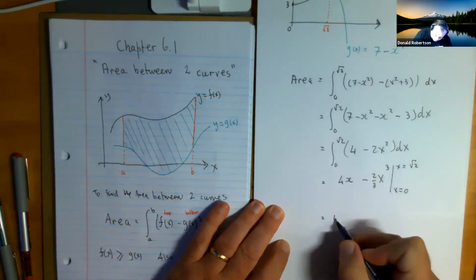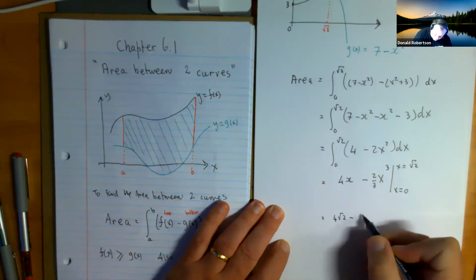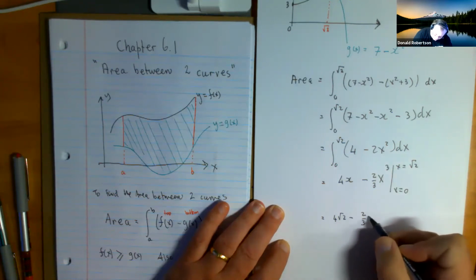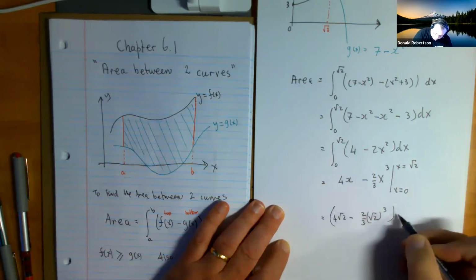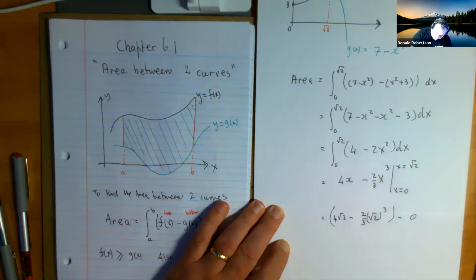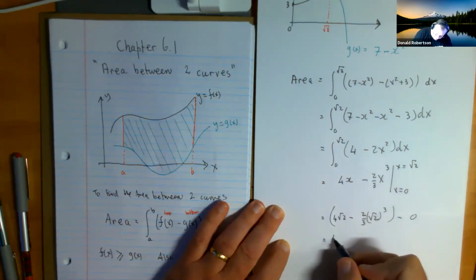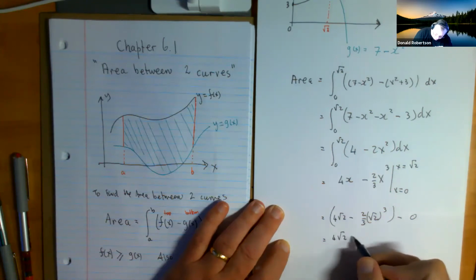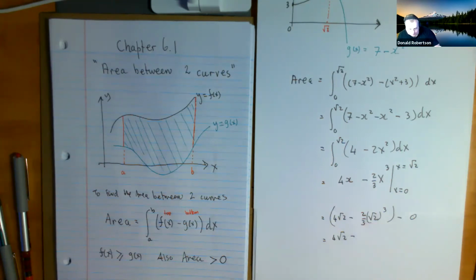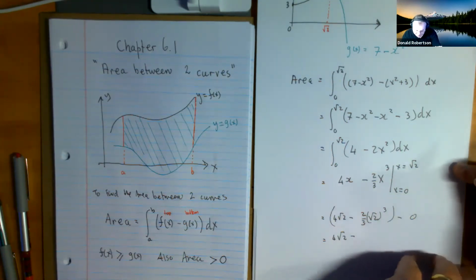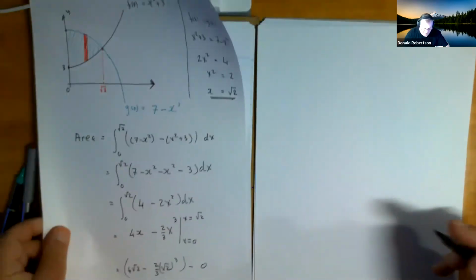And what does that give me? Well, it gives me 4 square root of 2's, take away 2/3 square root of 2 cubed, minus a whole load of nothings. That gets me 4 square root of 2's. That guy there, if you simplify him down, there's a couple of ways of looking at it. You get the same answer in both situations.